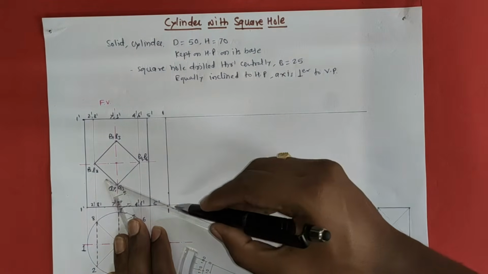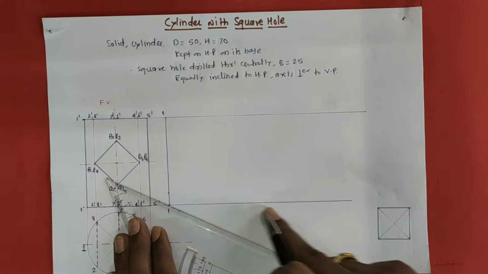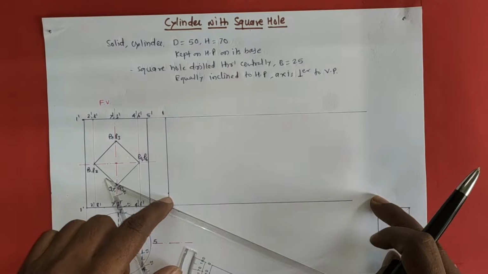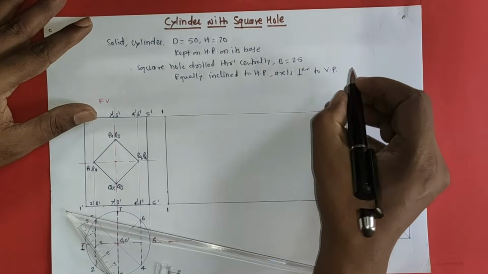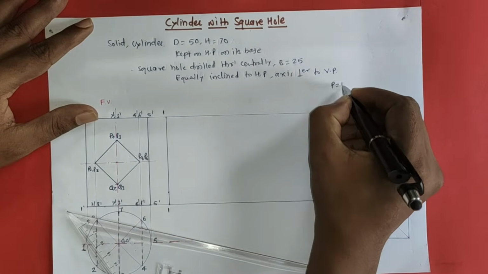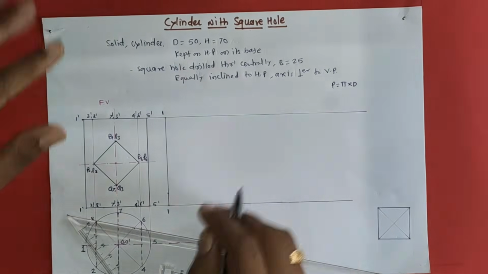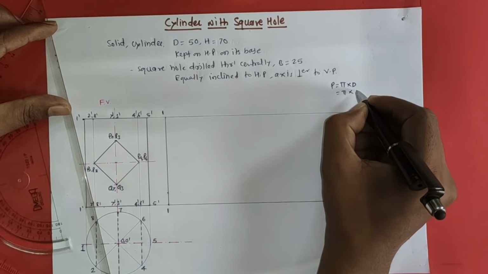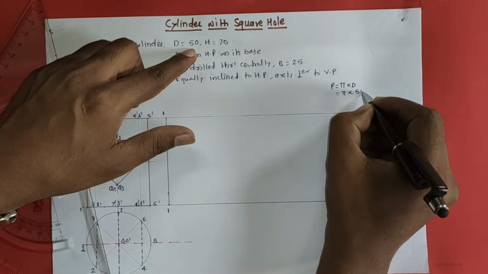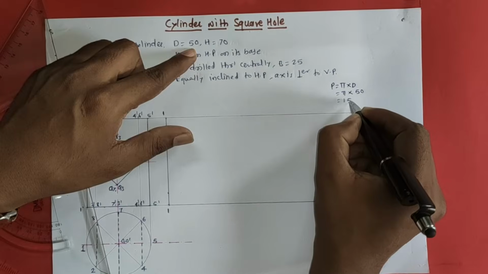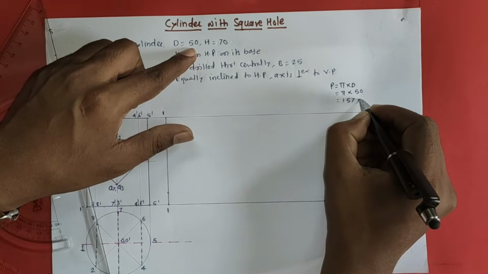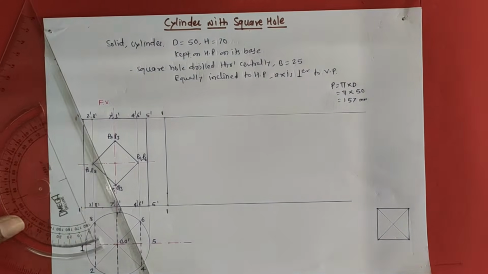So there will be a method. Draw any line at any angle. Okay, how to divide this line? This line will be equal to the perimeter. So what will be the perimeter? Perimeter P is equal to pi times D. As it is a circle, perimeter will be pi times D, what is D? D is 50. Okay, it is coming 157 point something, or 157 mm.